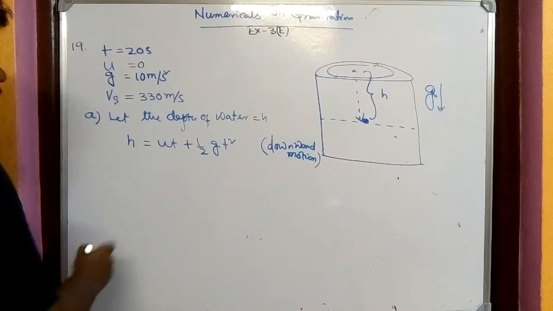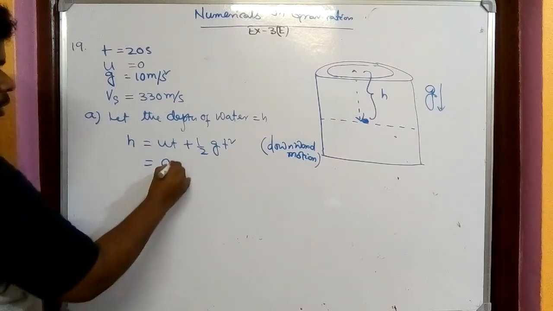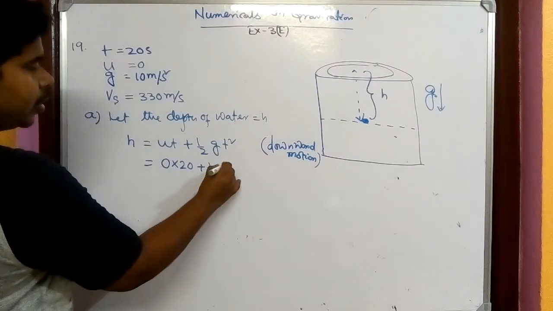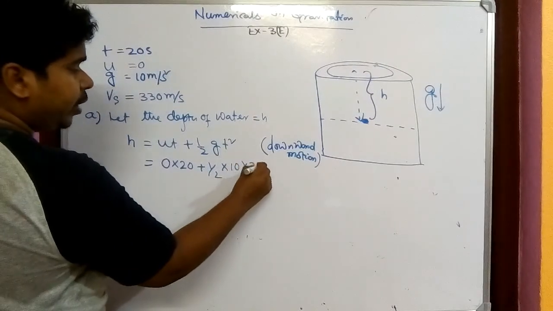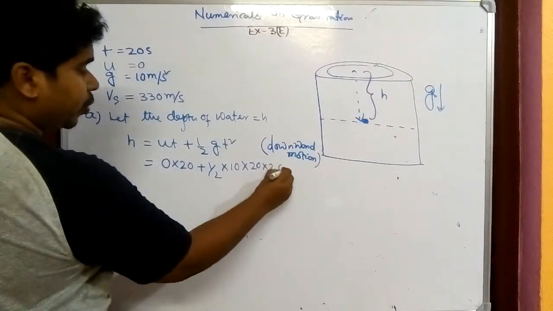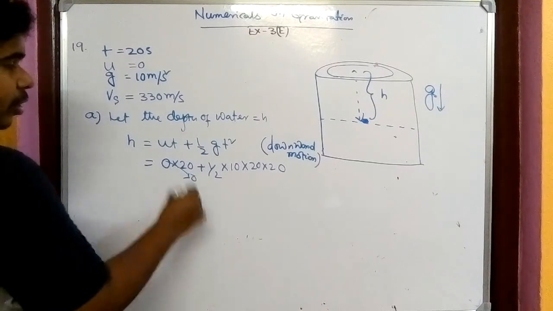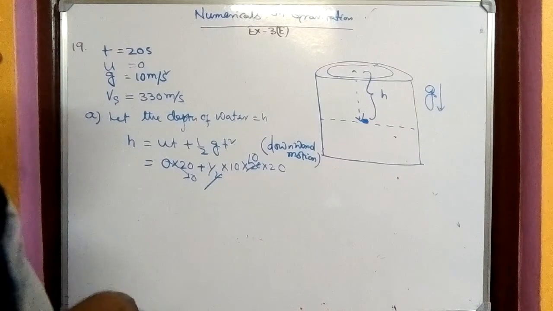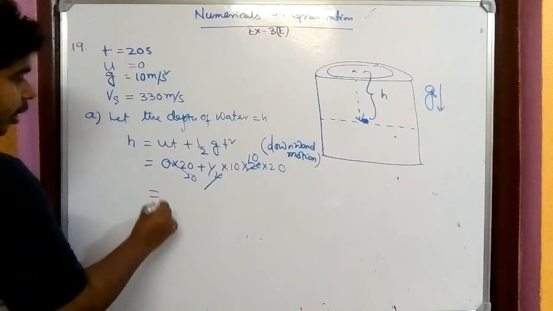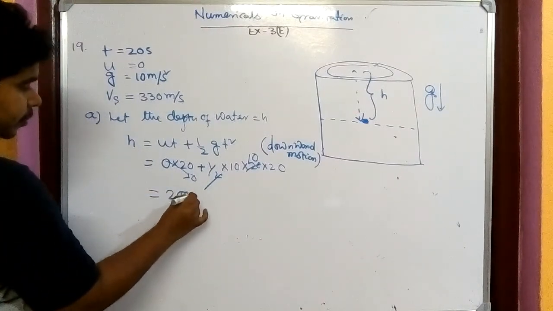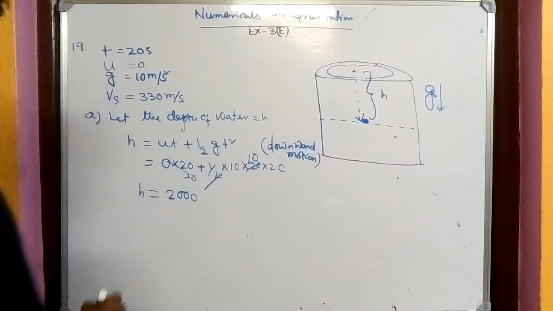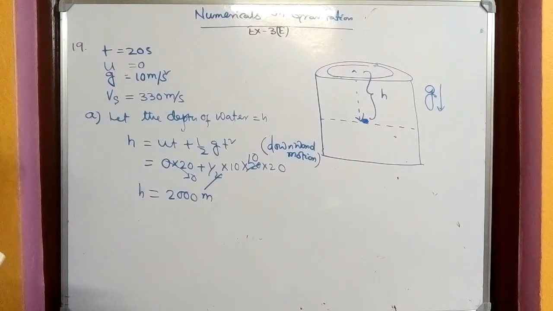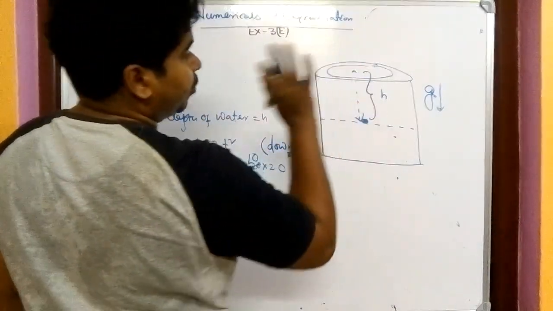So let's put the value of u as 0, time t as 20, plus half of 10 into 20 square, means 20 into 20, so the first term goes to 0. Half of 10 is 5, 5 into 400, that means 2000. So h equals 2000 meter. This is the depth.